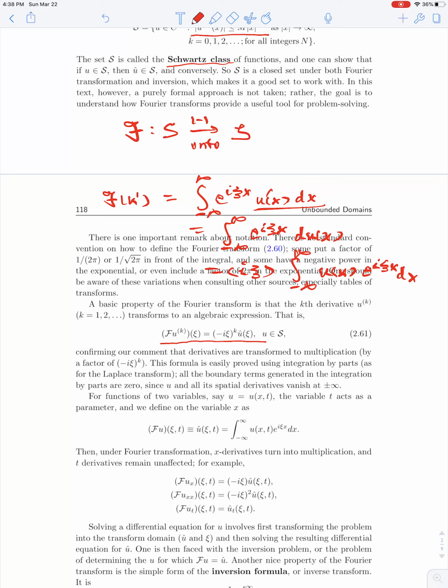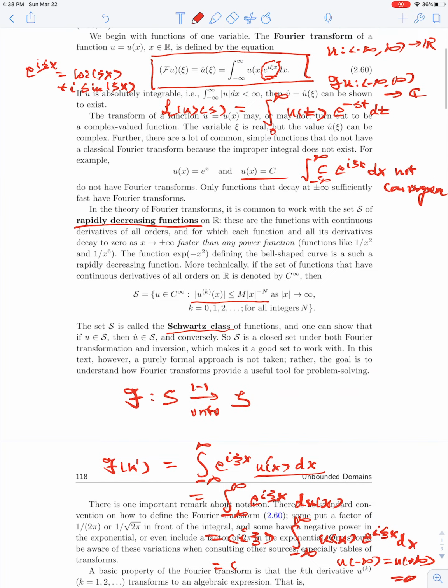Now we did not have a boundary term because u at negative infinity and u at positive infinity is 0. Okay, so that is why we don't have it. So therefore, that is how we arrive at this formula.